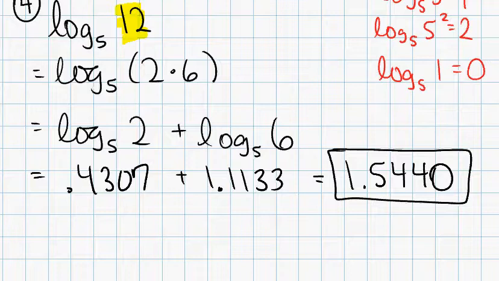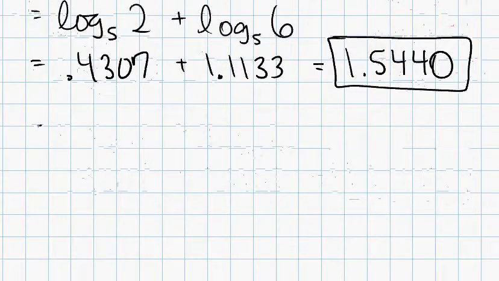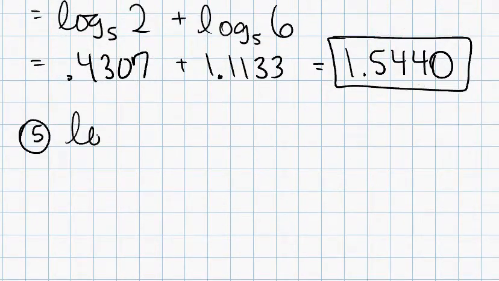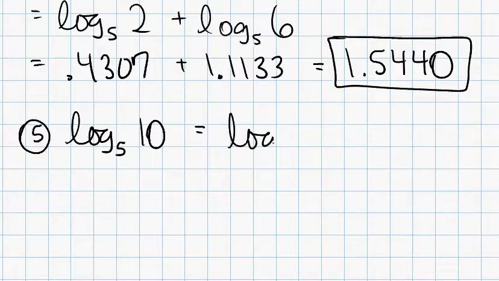So let's try that again. Log base 5 of 10. Try to find a way to use the numbers 2, 6, and 5 to get 10. So again, this is a product because 10 is the product of 2 times 5.